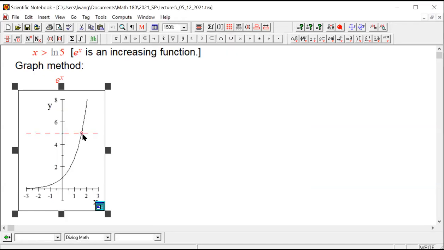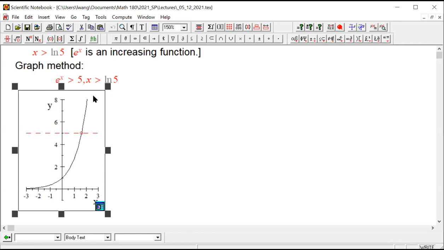This piece above is what we want. This piece below does not satisfy e to the power x larger than 5. We give the answer as input, so x is larger than ln 5.